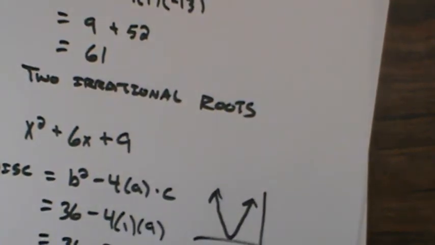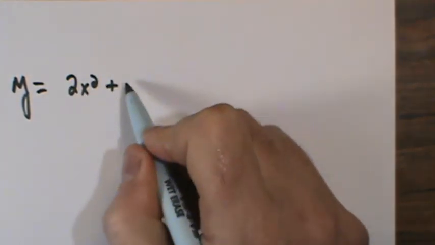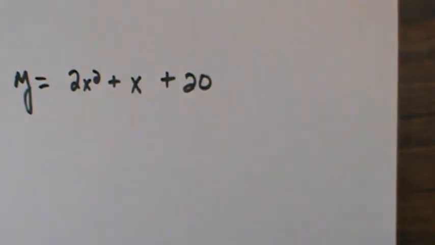And then, like I said, let me do one more here. What happens if I have this? Y equals 2x squared plus x plus 20. That's my parabola.